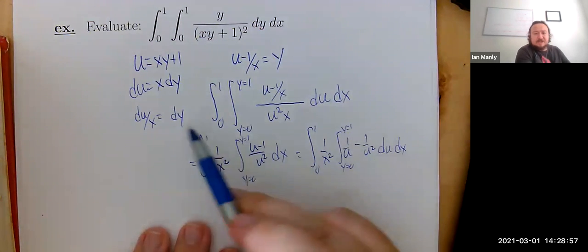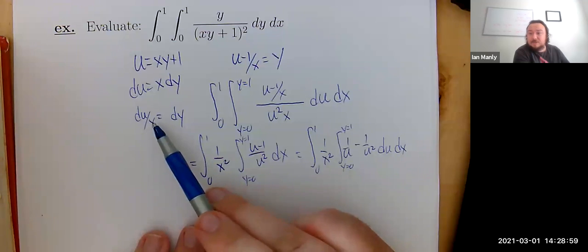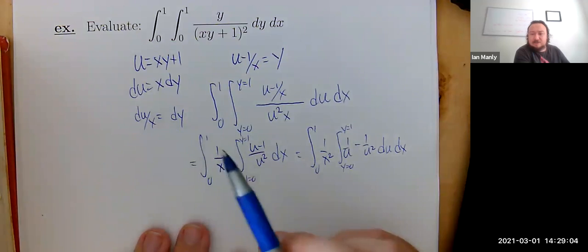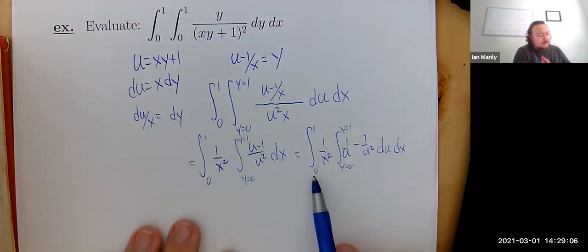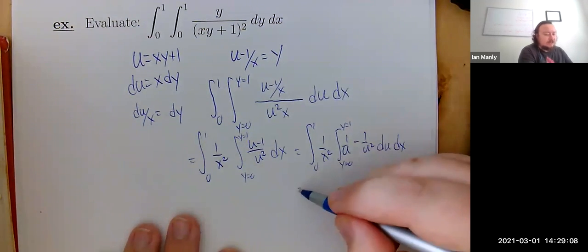Where did the x in the denominator come from? It came from this when we did our substitution back here. All right. So now we have this, and that's an integral that we can do.